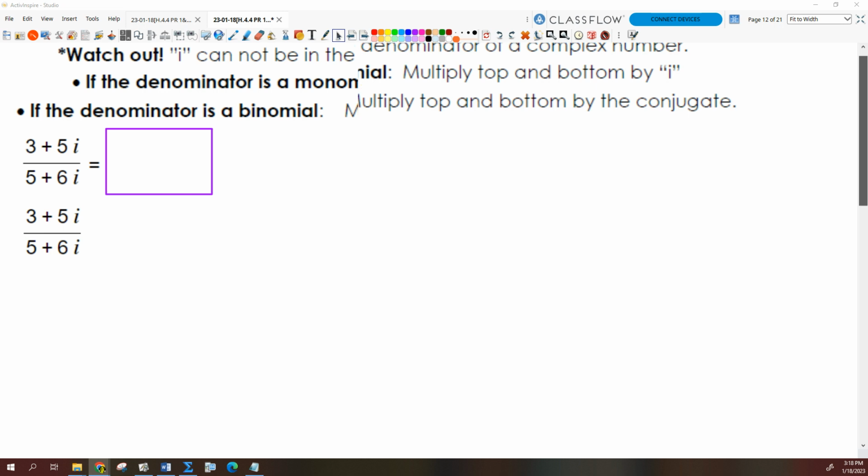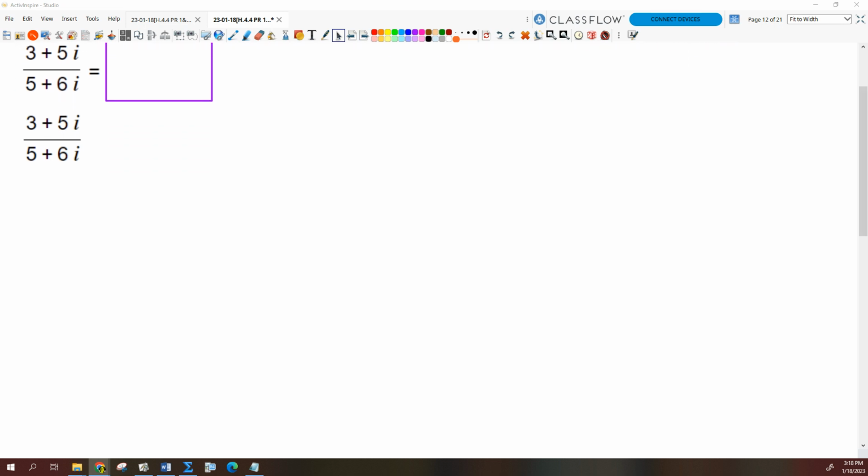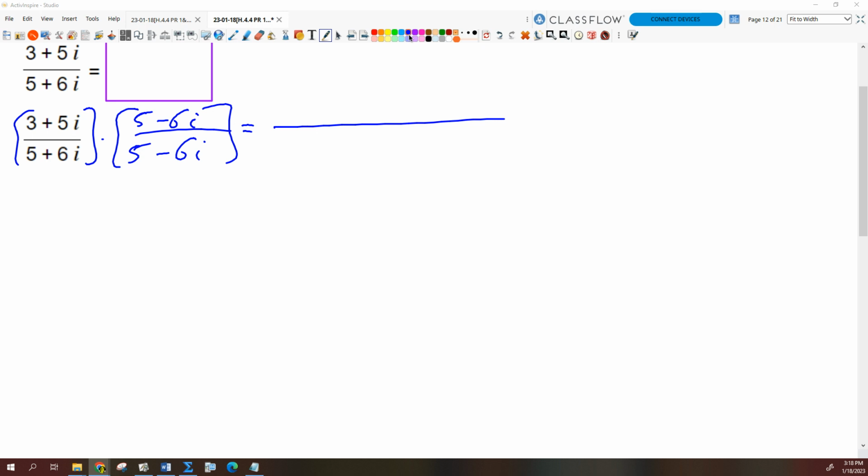Okay? So let's look at an example. So what about this guy? We're going to multiply top and bottom by the complex conjugate of the bottom. So bottom's easy. What do I get on the bottom? What plus what?